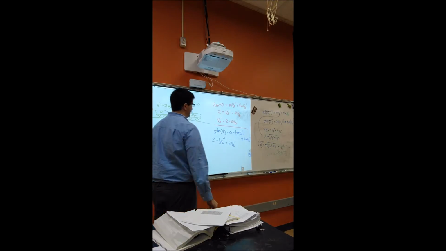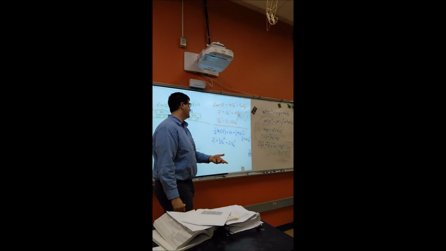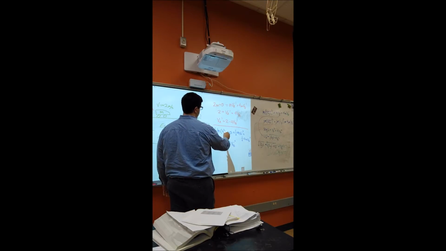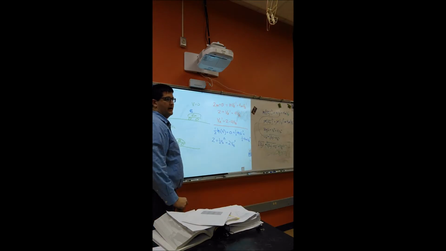Wait, why don't the 1/2s cancel out? Oh, they do. No, they do. Yeah. And then, so if you cancel the 1/2s, you would have 4 equals va prime squared plus 4 vb prime squared. All right, and so that would work too. In fact, let's do that.